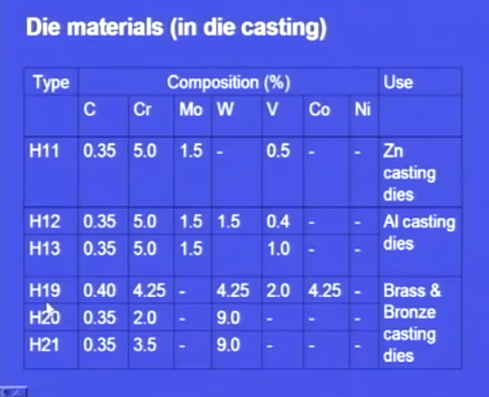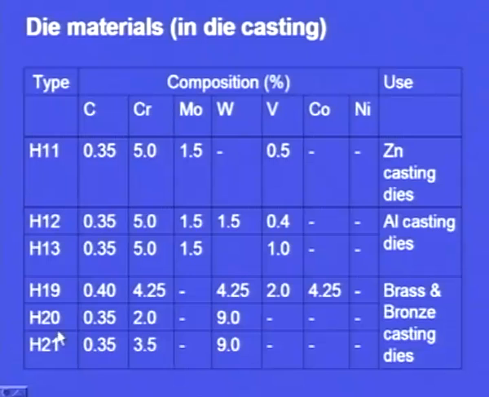There is another steel called H19 steel, and its composition is carbon 0.4%, chromium 4.25%, tungsten 4.25%, vanadium 2% and cobalt 4.25%. This die material is used for brass and bronze castings.